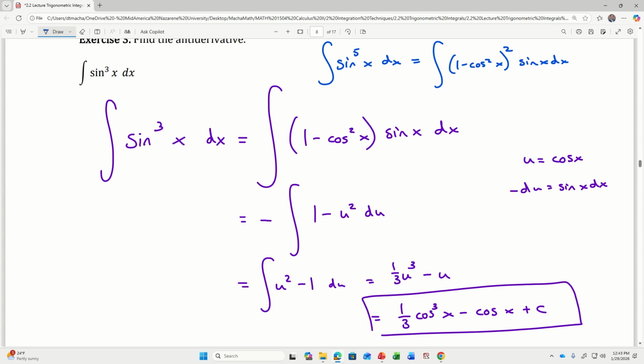Because that's like sine squared squared, or sine to the 4th power. But 1 minus cosine to the 4th is not equal to sine to the 4th. That's a really good question.